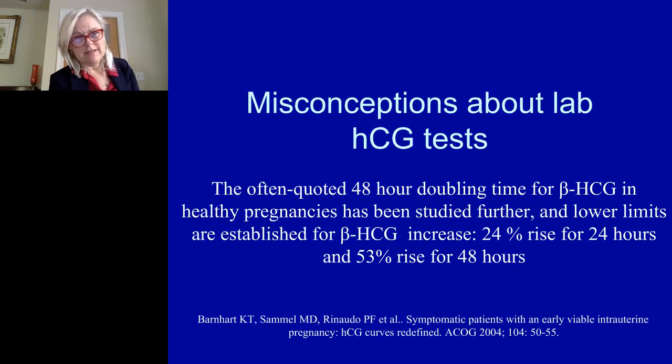And just while I'm on that subject, there are misconceptions about these tests. For example, it's often quoted that there's a 48-hour doubling time if there's a healthy pregnancy on board for beta HCG, but that's been studied further, and much of this old literature, including the graphs that I showed you, is based on previous formulations, and there's a WHO standard that tests are now being calibrated against, and in much of the past literature, it was a different standard.